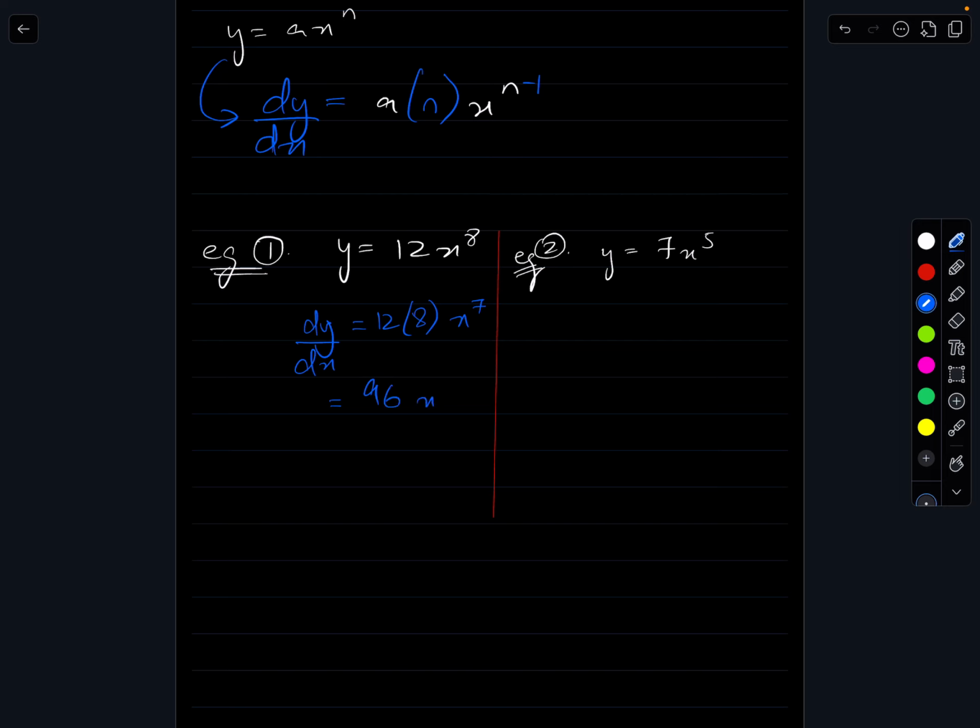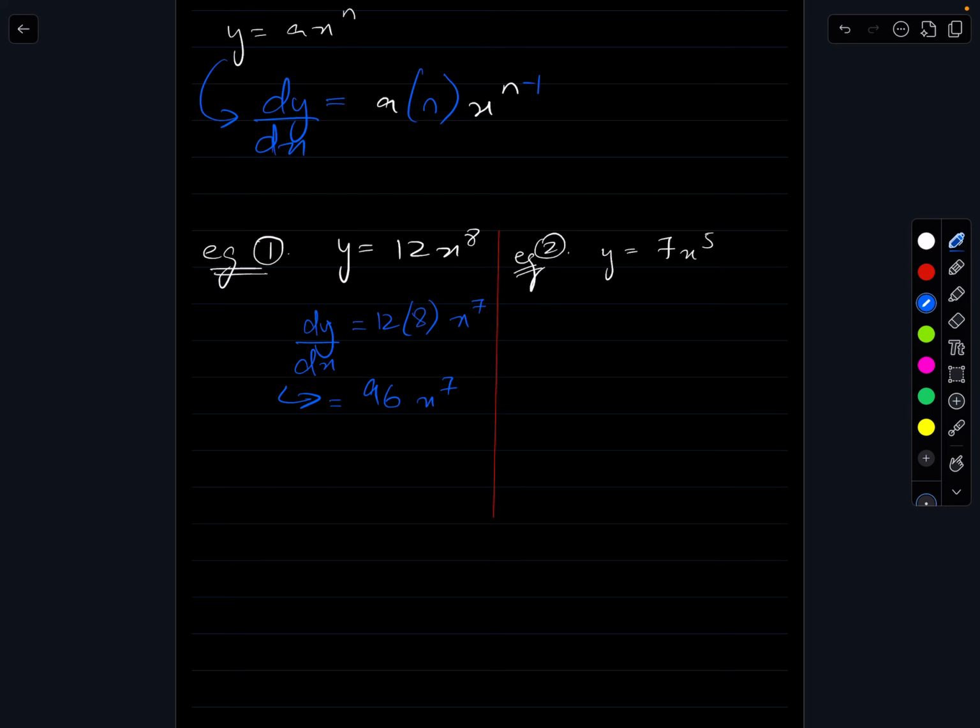So this is my derivative. For now, we cannot determine the exact gradient because we don't have an exact point to find it at. So we cannot find the exact gradient, but we did find a gradient function.